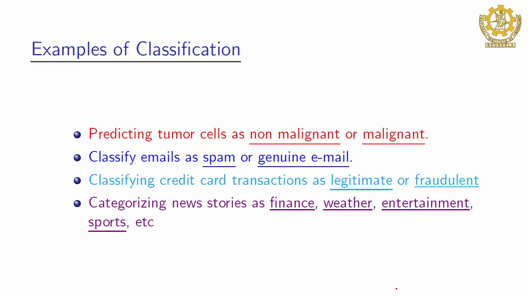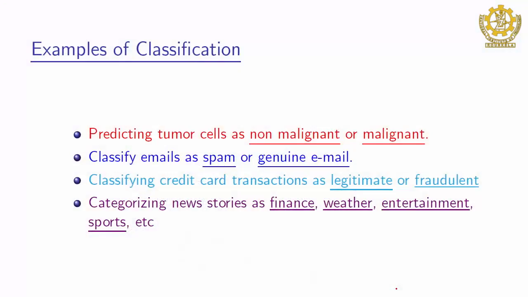But the problem with the classification task is that it needs a training data set. What is a training data set? Each object should be labeled, with one of the predefined classes assigned to each instance in the training data set.